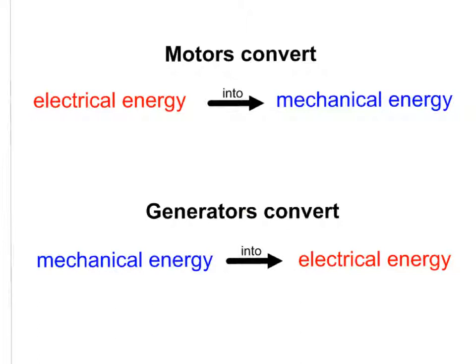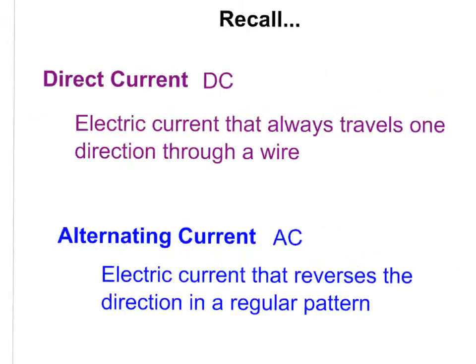That's the difference between motors and generators. Also, a quick review about direct current and alternating current. Remember, direct current, DC, is the electric current that always travels one direction through a wire, whereas alternating current, or AC, is electric current that reverses direction in a regular pattern.